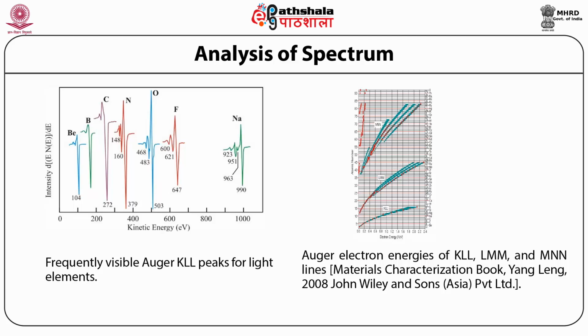Figure 1 shows the energy of the carbon KLL line in the differential mode is 272 electron volt, and the equivalent carbon KLL peak energy in the direct mode is positioned on the higher side because the exact peak energy is where the differentiated curve passes through 0 on the axis.